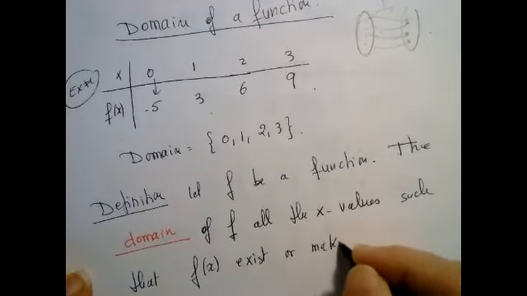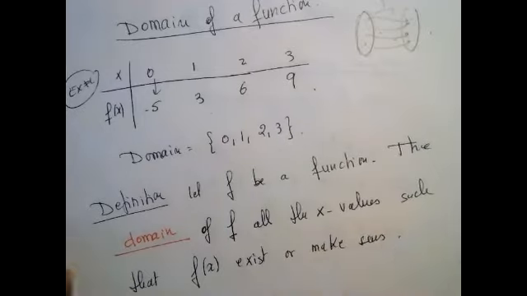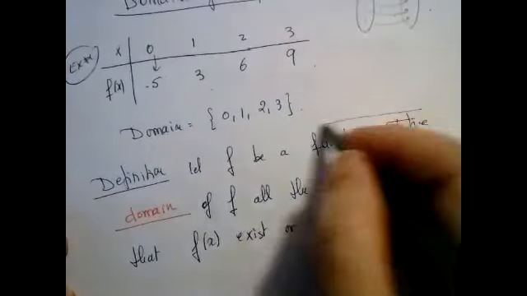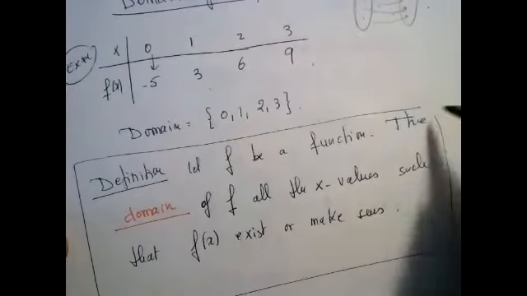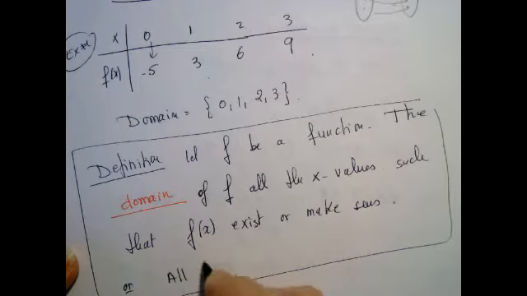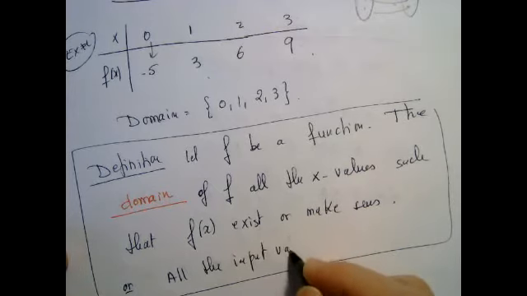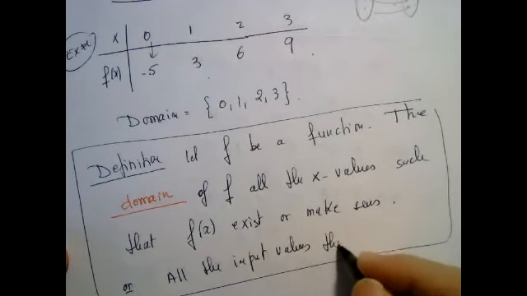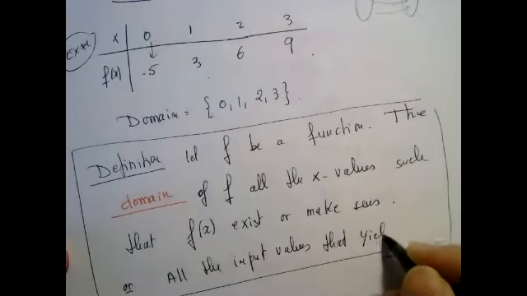So the domain is all the x values such that f of x exists, or we can say all the input values for which there is an output, all the input values that yield an output.